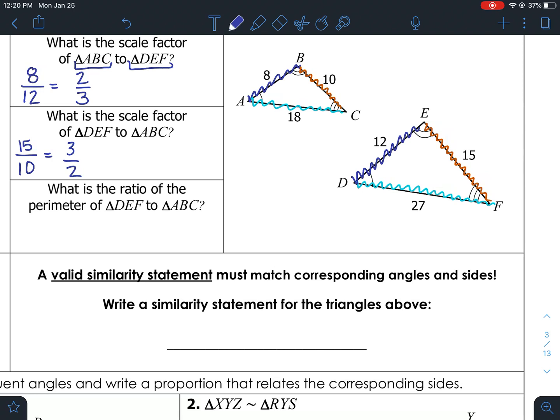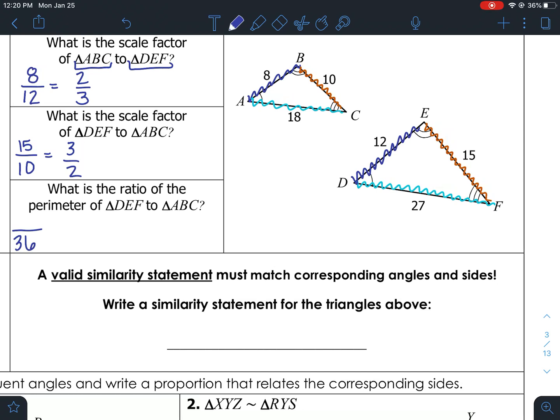They're just flipped here. Now we're talking about the ratio of DEF to ABC of their perimeter. So perimeters, when we're adding up all of our sides. So here on our ABC, we have 18 plus 18, which is going to give us 36. 36 is going to go on the bottom there, because that's my ABC.